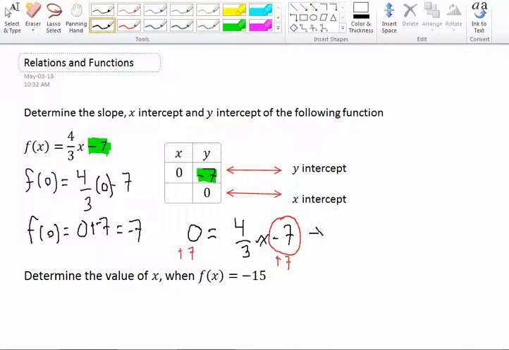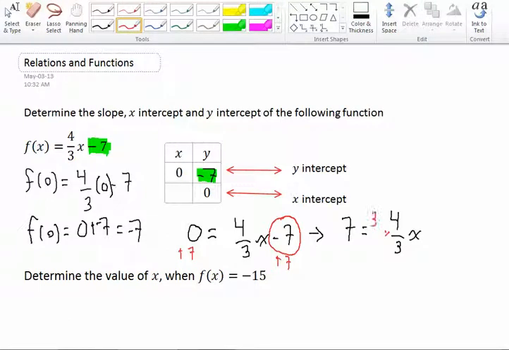So this is going to give us 7 is equal to 4 over 3 times x. Okay, so think about this. What do I have to multiply 4 over 3 by to change it into 1? Because I'm not interested in 4/3 x. I'm interested in 1x. Yeah, I multiply it by its reciprocal of 3 over 4.